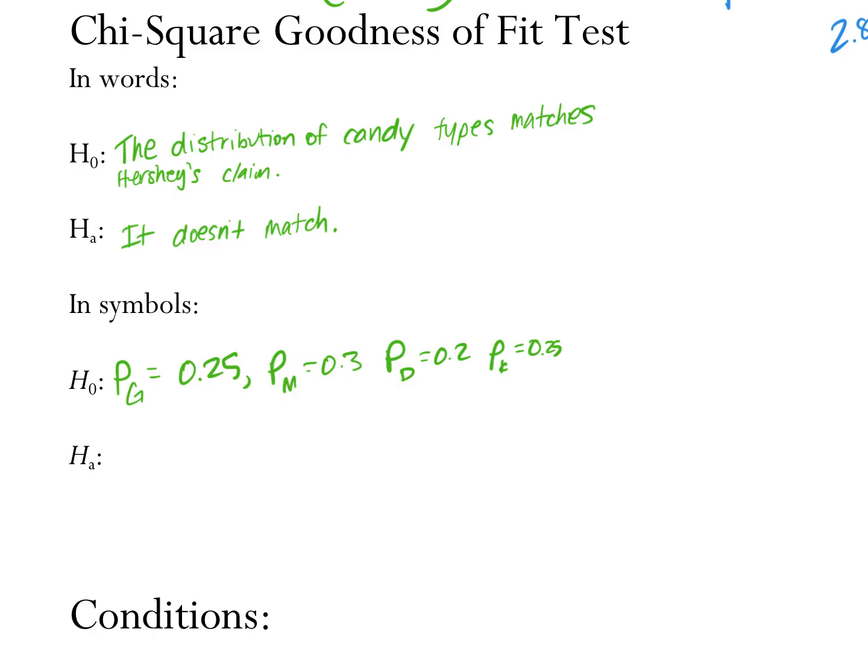Now, if I put my hypotheses in symbols, do all of these have to be incorrect for my null hypothesis to be wrong?